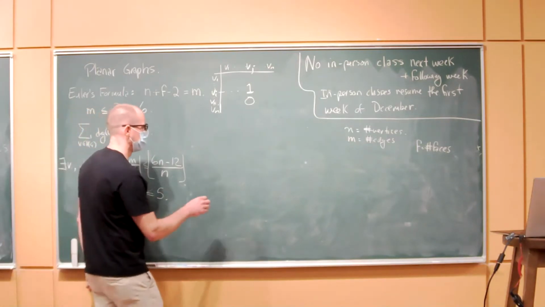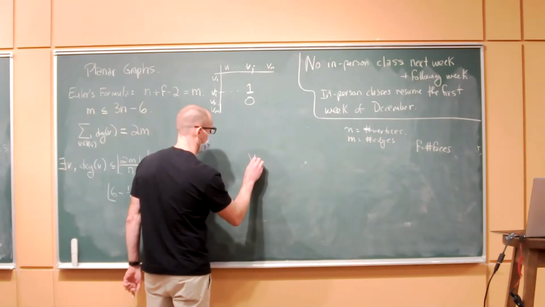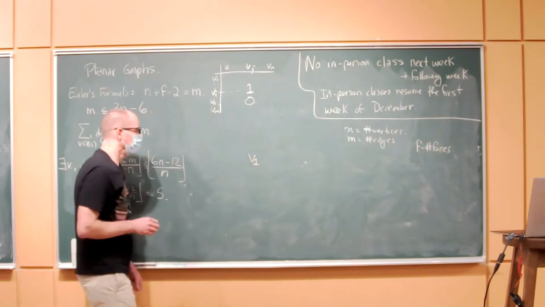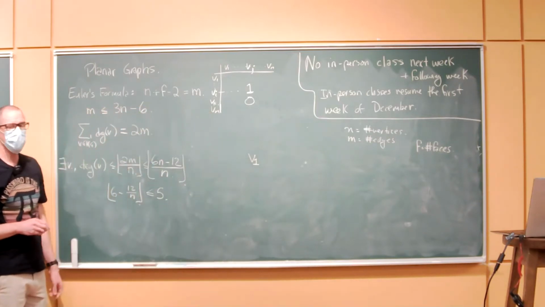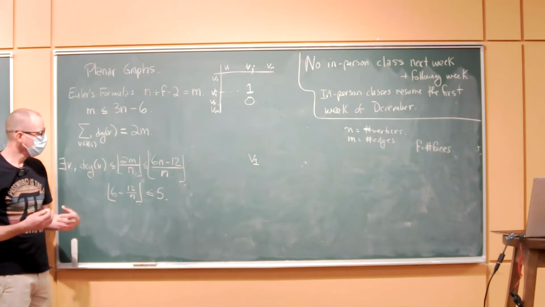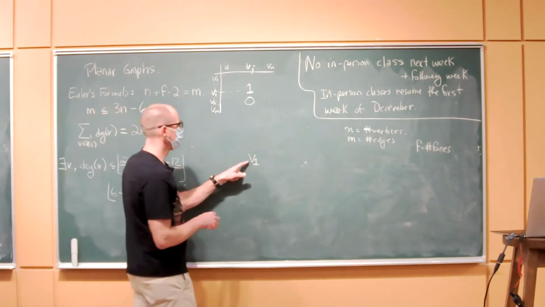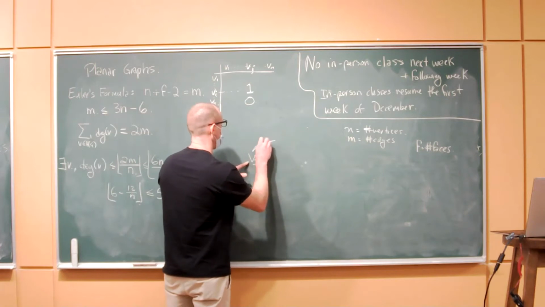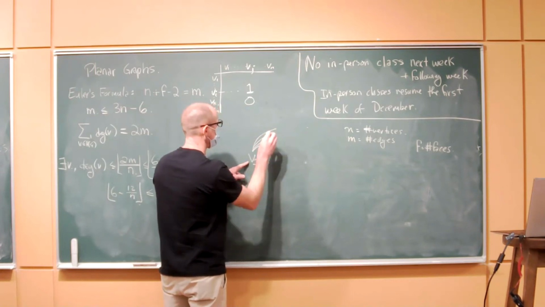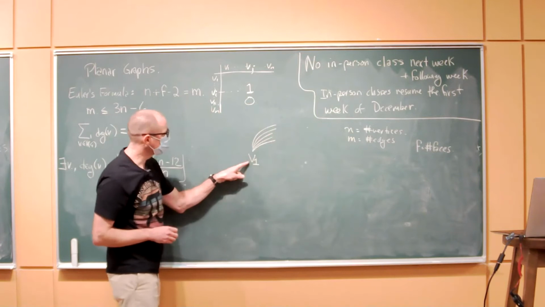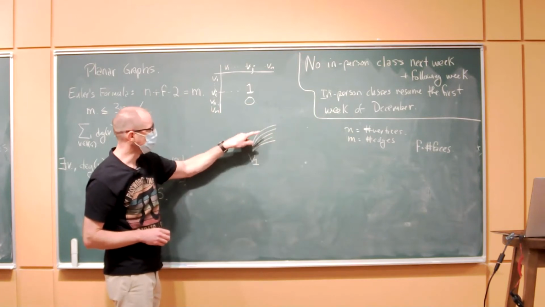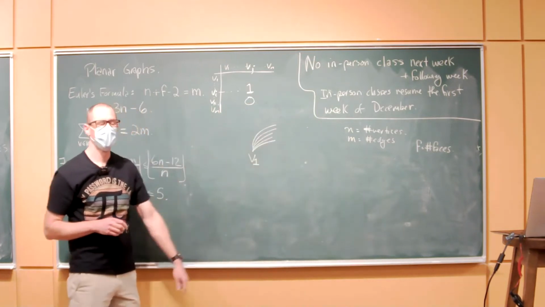So I'll call that vertex 1. And then I'm going to list the vertices in some order. So what I know is that after I'm done listing the vertices, I'll have to connect vertex 1 to at most 5 vertices in the list.